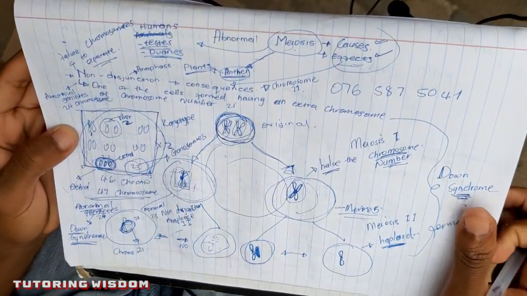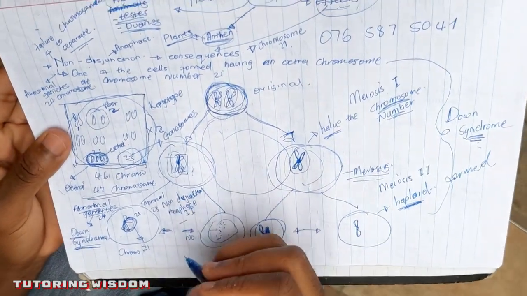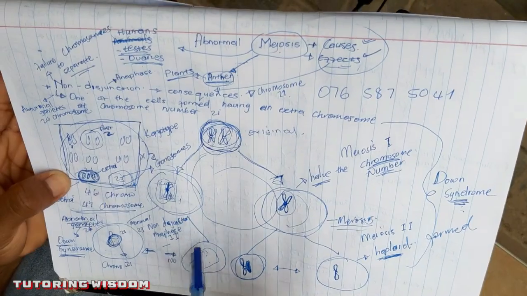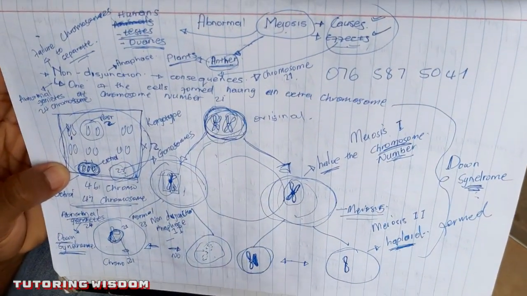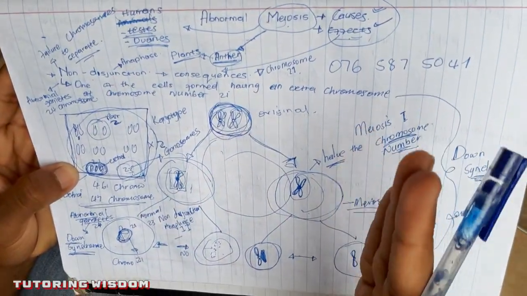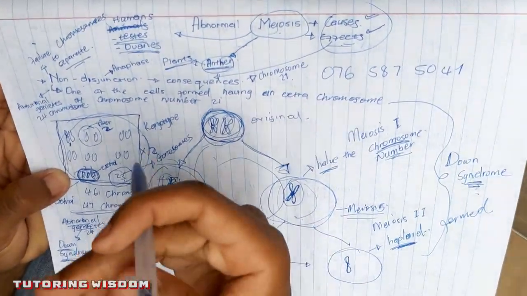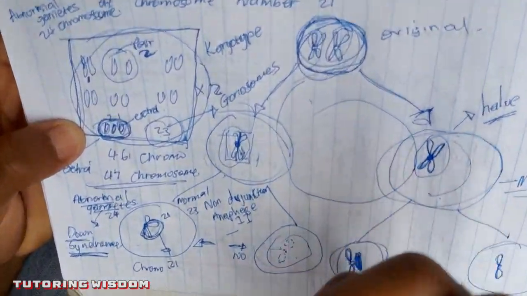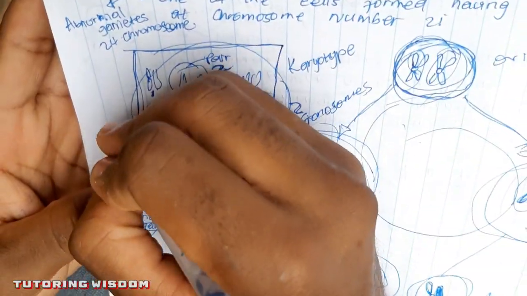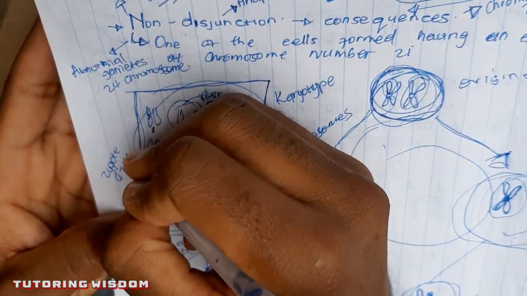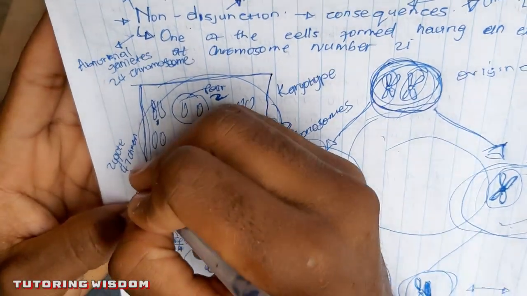Now, this is all I have prepared for you guys. So now I need you to remember that Down syndrome only happens when an abnormal gamete fuses with a normal gamete, which may lead to Down syndrome, because a zygote with 47 chromosomes will be formed, right?